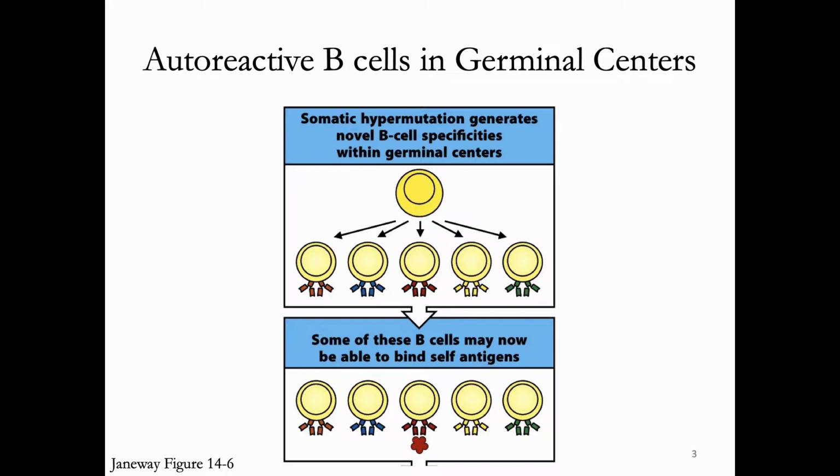So the germinal center reaction can make B cells that were previously not self-reactive into self-reactive B cells as we acquire these mutations. And so for both of these reasons, it's clear that peripheral tolerance is going to be a big deal for B cells.